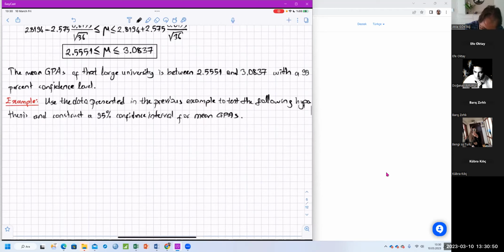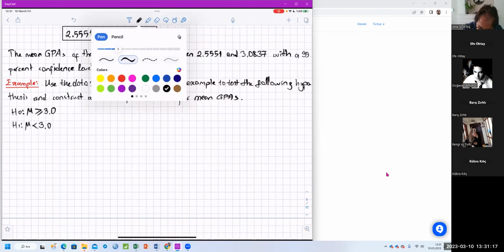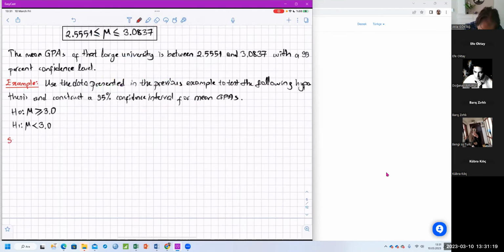Okay, the hypothesis this time I'm constructing something else. Mu is, the claim is mu is less than 3.0 and the null hypothesis is going to be mu is greater than 3.0. Okay, let's get directly to the solution.